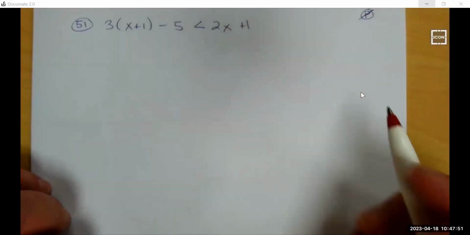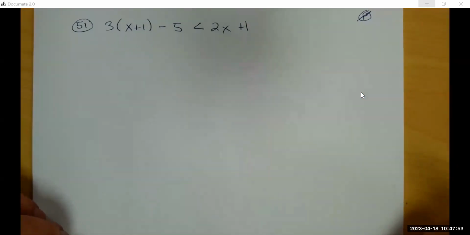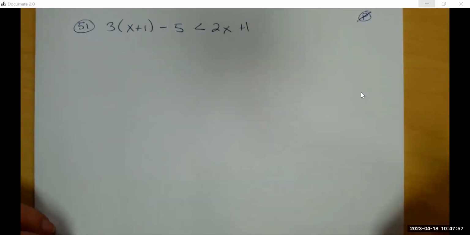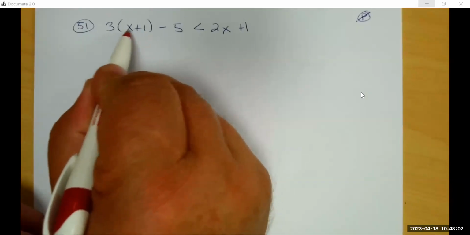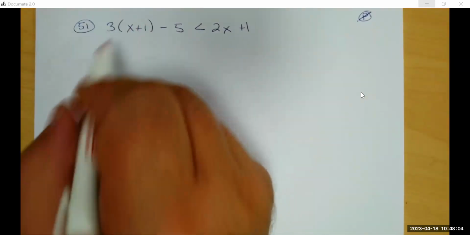All right, what's the first thing you have to do? Order of operations says do what? Can we do anything inside the parentheses? We can't do anything inside it. x plus 1, you can't add them. So you have to get rid of them.